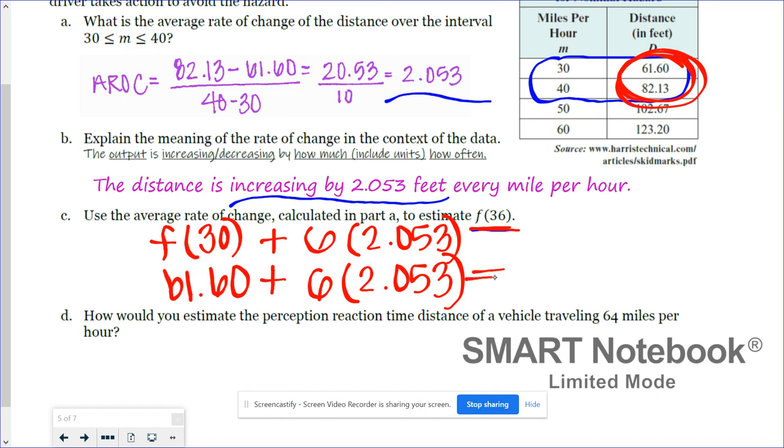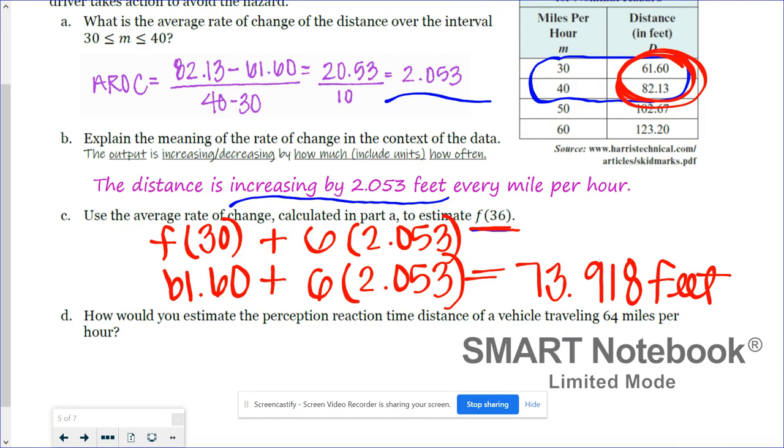And so I'm getting 73.918 feet. So I'm basically filling in the missing parts of the table, and I can use this idea to make additional predictions here.